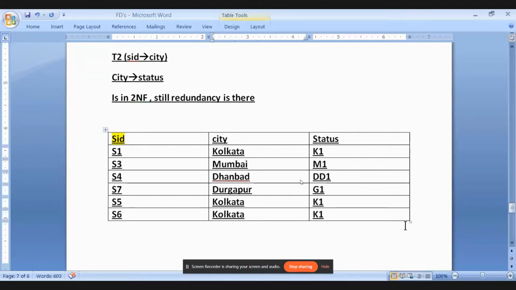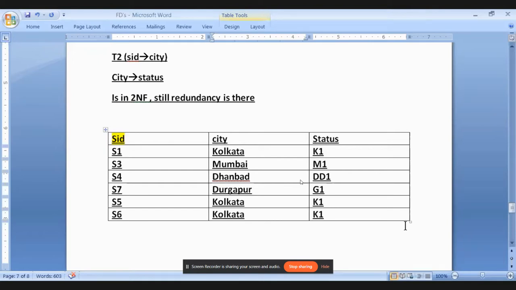A relation is in 3NF if it is already in 2NF and no non-key attribute is transitively dependent on the candidate key.